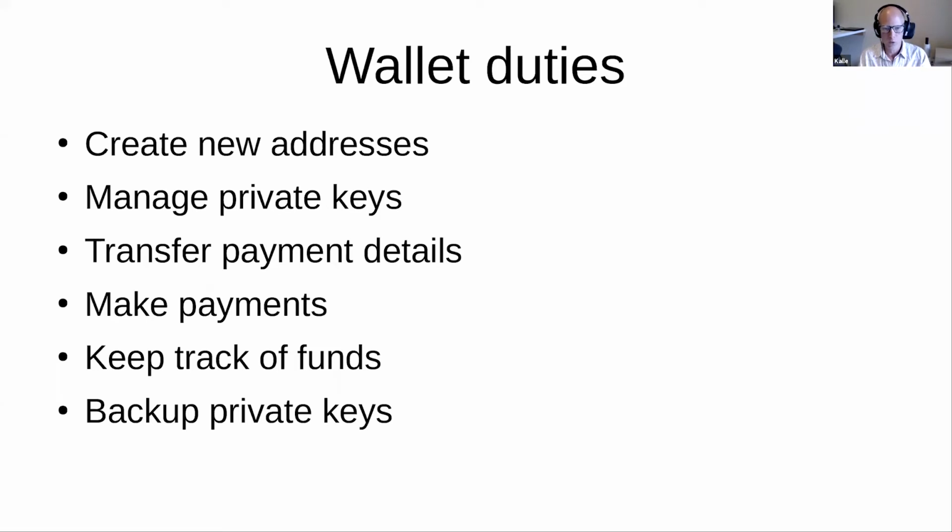And I, of course, need to be able to make payments. So it should be able to create these messages to Lisa and also keep track of my funds so I can see my total balance. And also very, very important, backup private keys.